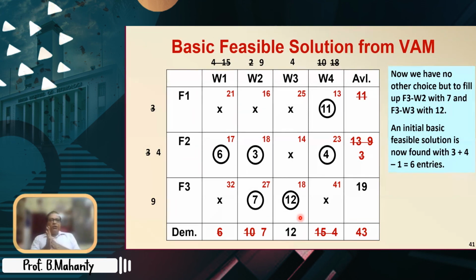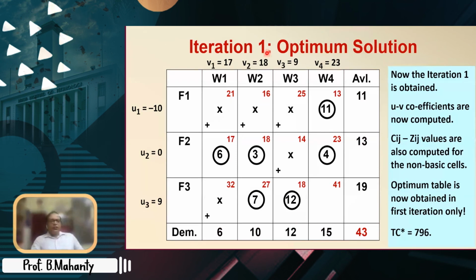There will be many situations where Vogel's approximation method will give us a good initial solution to begin with. We might have fewer iterations, but definitely not the optimum solution all the time. But sometimes yes, it will give the optimum solution at the first go.